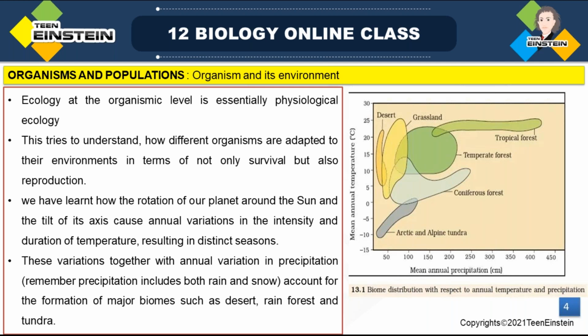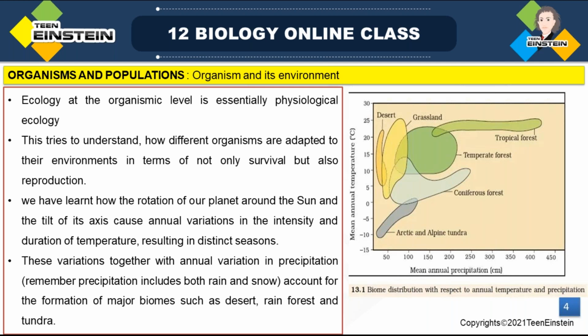About that we are learning under physiological ecology: how the physiological condition is related to the organism and its adaptation, how they got adapted to survive, what adaptations they got for growth and reproduction, and how an organism is adjusting with its environment.